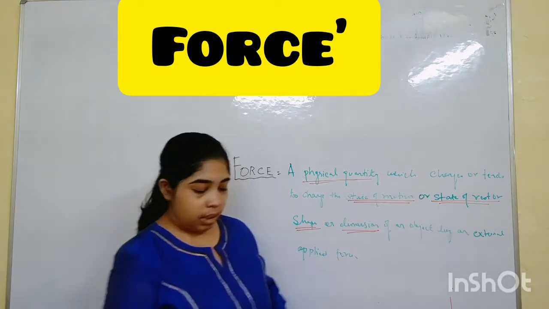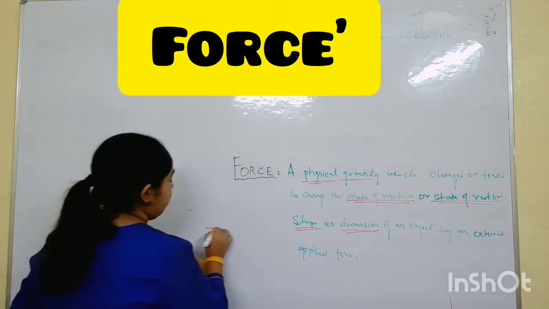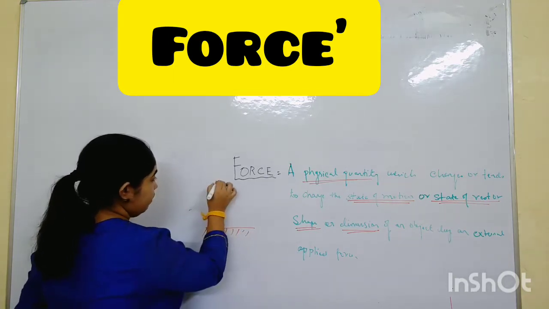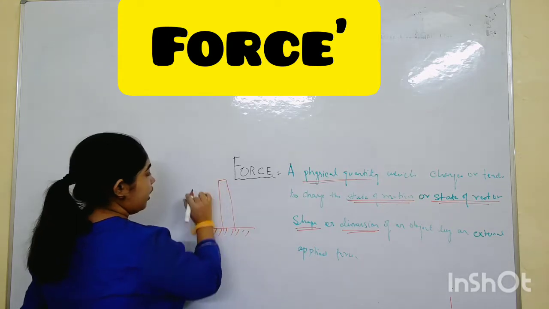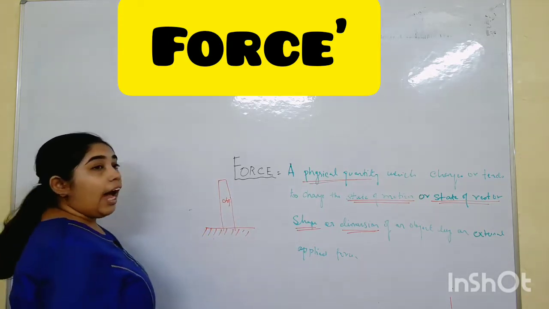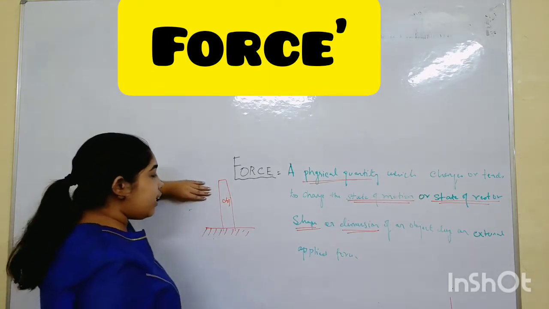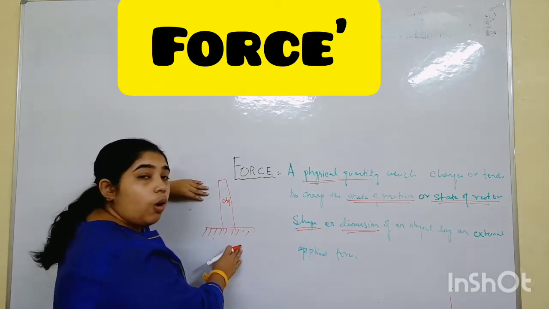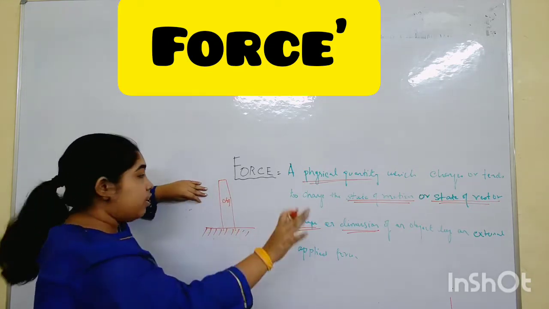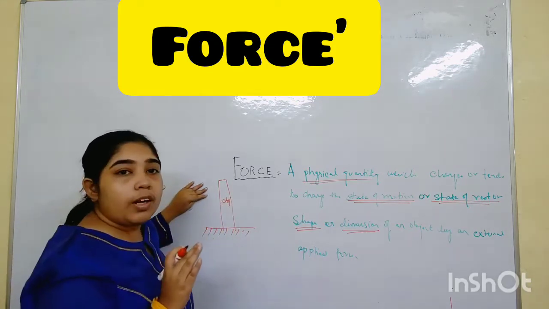Clear? See, suppose I say this is a floor. Okay, and this is something which is kept. Any object I can talk about, any object. Now see, this object will be like this for hundreds and hundreds of years if any external force is not applied on it.